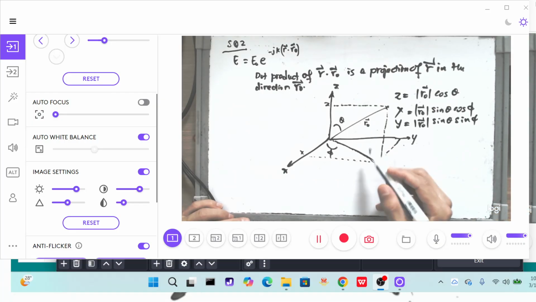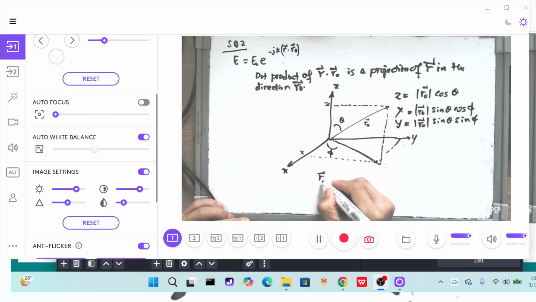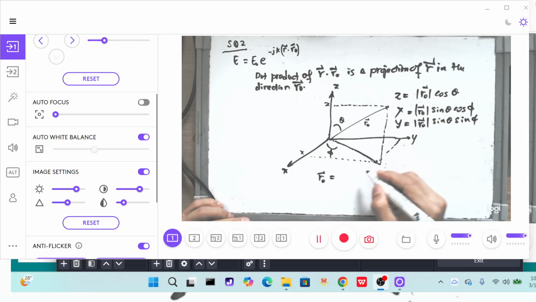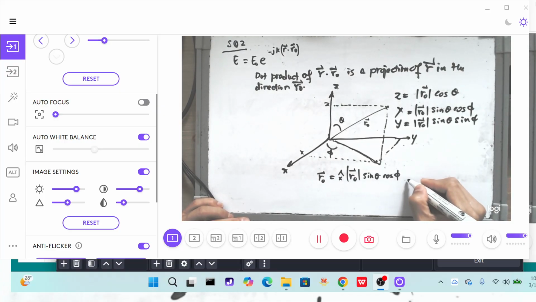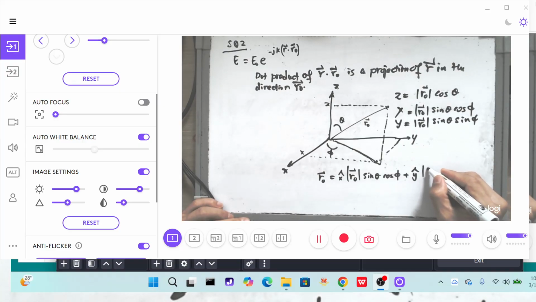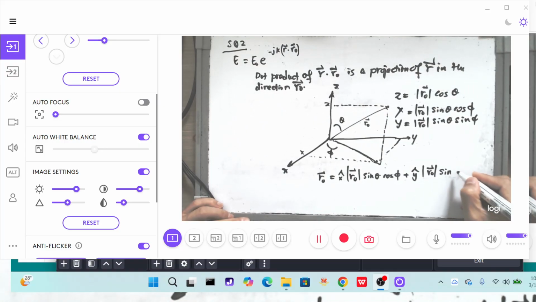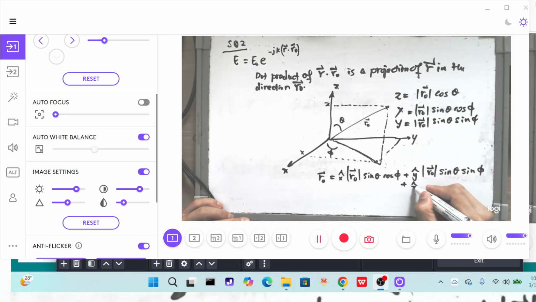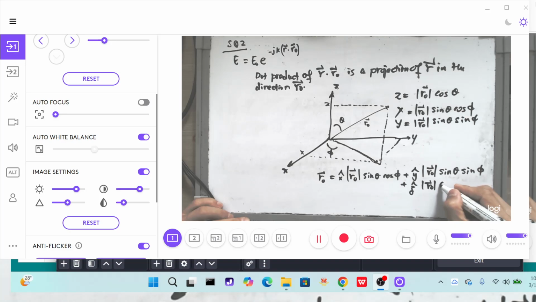Then we can say the vector R naught is equal to x, R naught sine theta cosine phi, plus y, R naught sine theta sine phi, plus the last term z, which is R naught cosine theta.